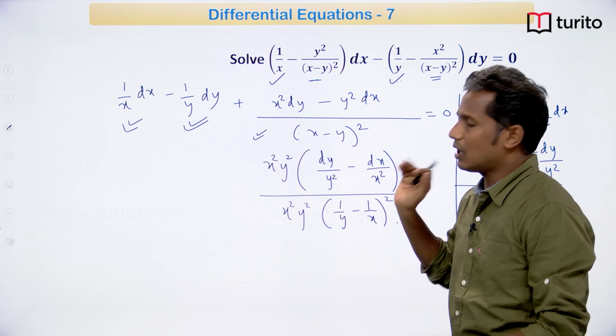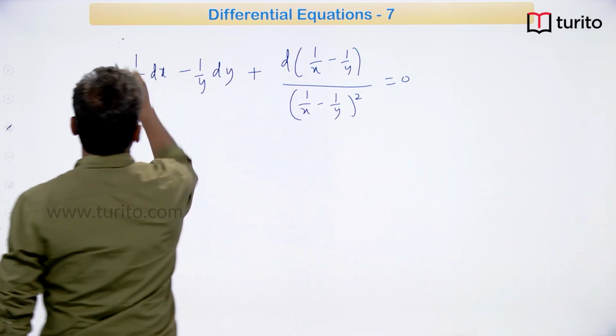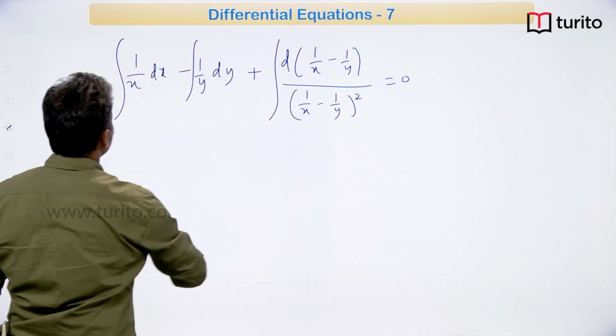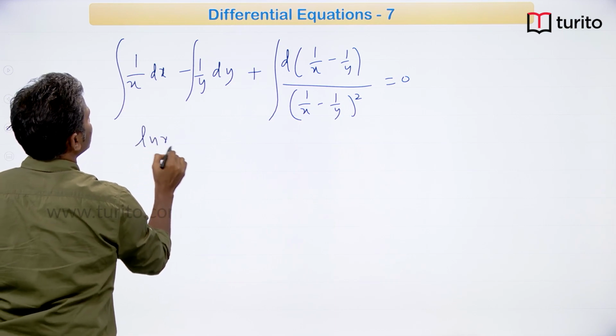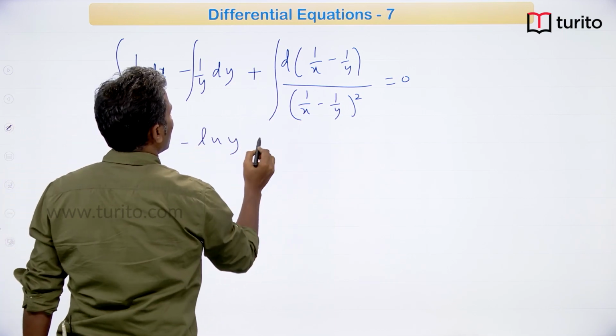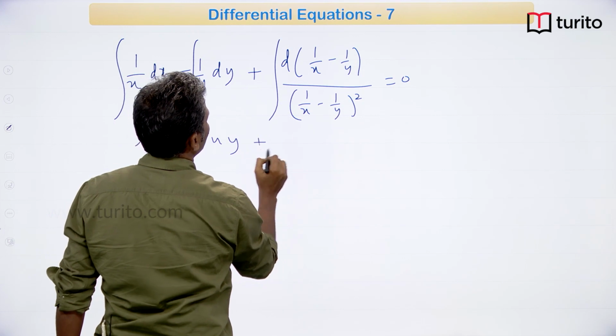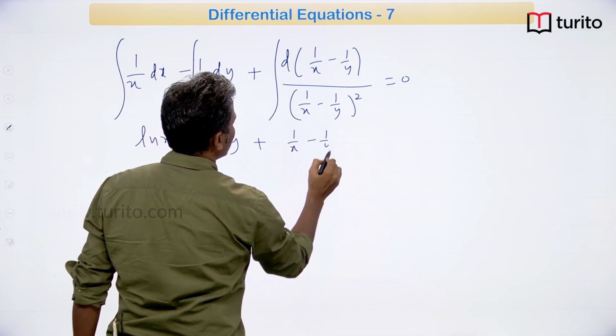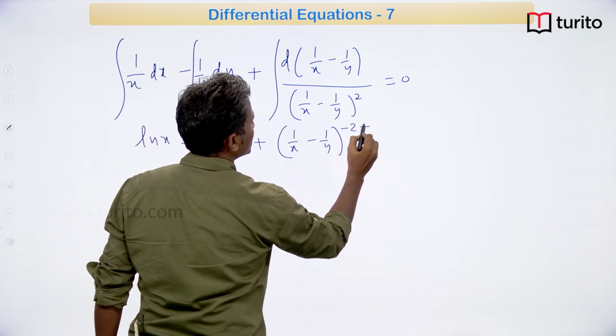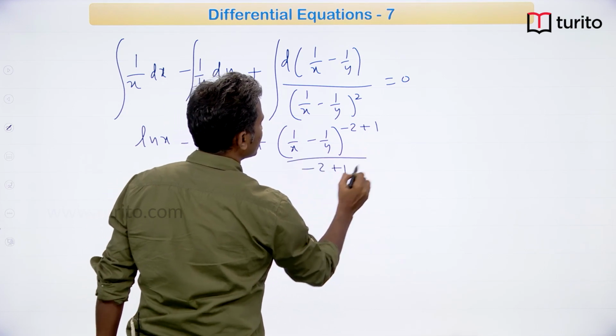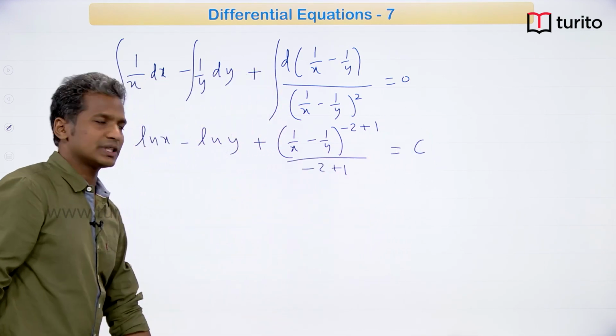Okay. So how do we integrate this? It is a simple integration. So we will get ln x here minus ln y, and here we will get plus 1 by x minus 1 by y whole raised to minus 2 plus 1 by minus 2 plus 1 equal to constant.